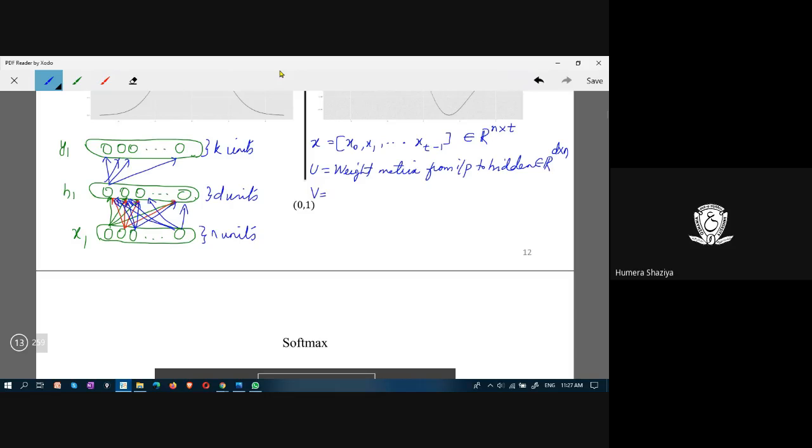And what is V? V is the weight matrix from hidden units to output units, from hidden to output. Its dimensions are k by d.